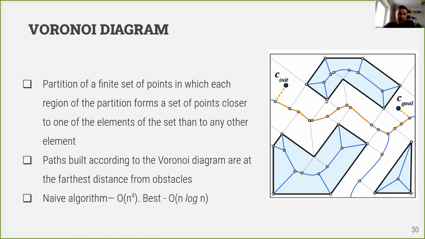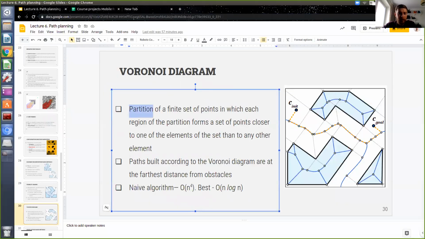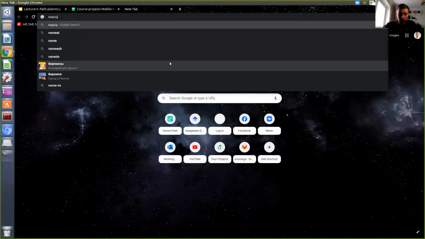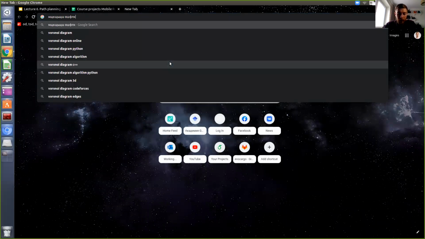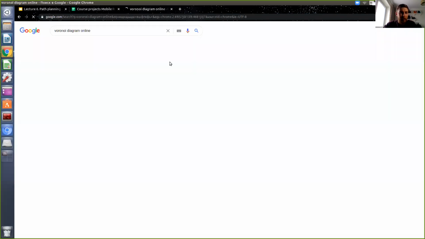It is a decomposition of space into elements in such a way that points lying within one area are closer to some point within this area than to any other area. So there was an example, but I just want to show you how it is built. Let's see.